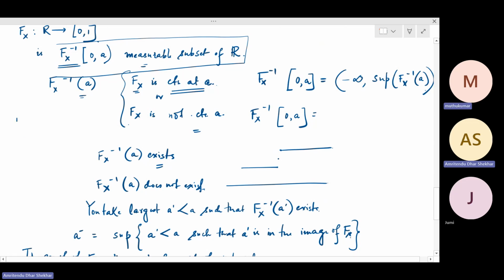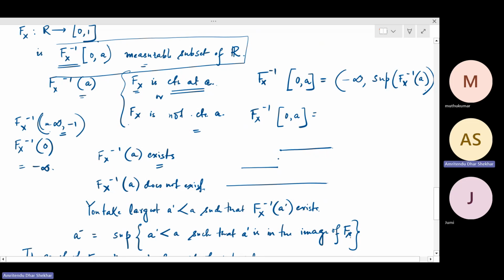So if you take F_X inverse of, let's say, minus infinity to minus 1, then it is a null set. If you take something like F_X inverse of 0, then of course this is equal to minus infinity.